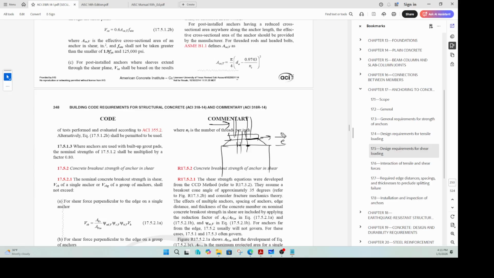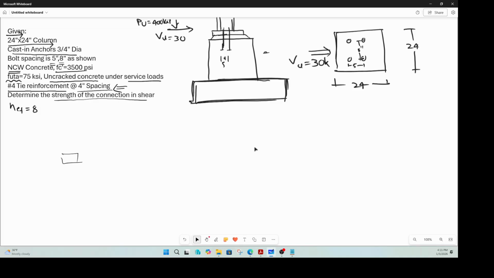So the code accounts for that. What it is saying is, because of the presence of this grout, you need to account for reduced shear strength, and that is what we are achieving with this 0.8 factor. Okay, so let's transfer that information into our whiteboard, and then we'll go from there.